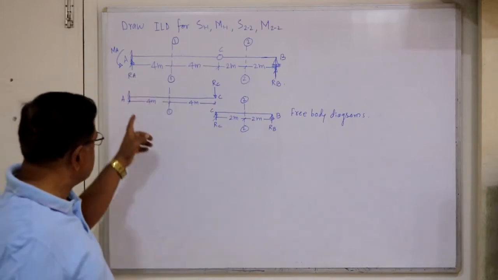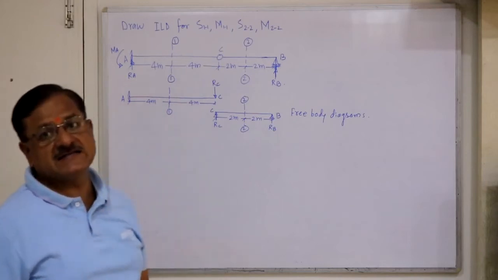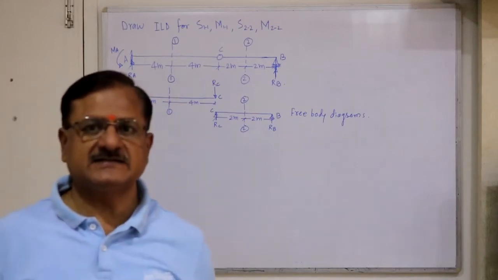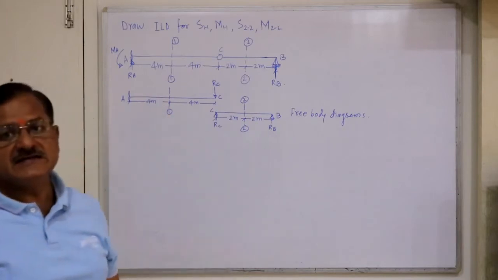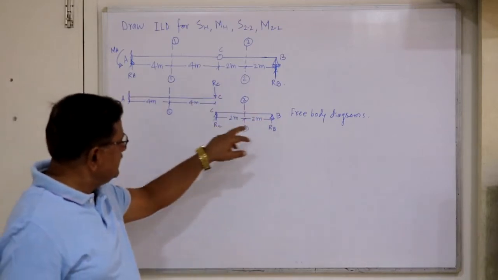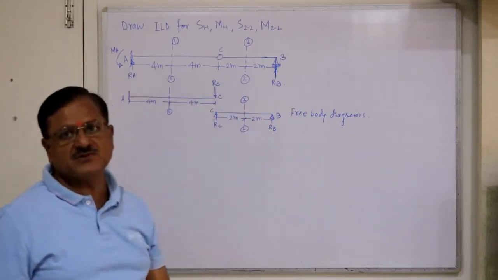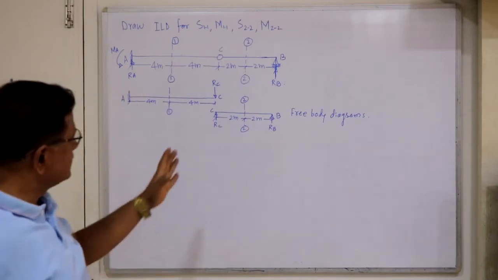Here, if you draw the free body diagram, AC will act like a cantilever beam, which means section 11 is within the cantilever portion, and for portion CB, it will lie simply supported.